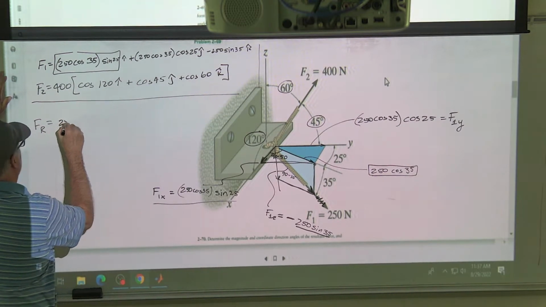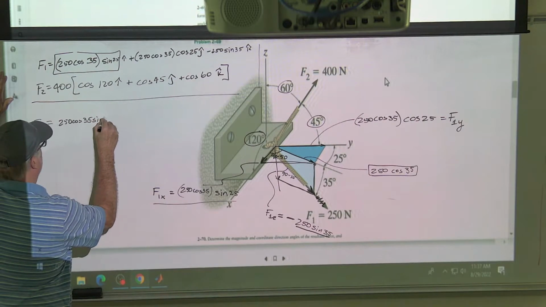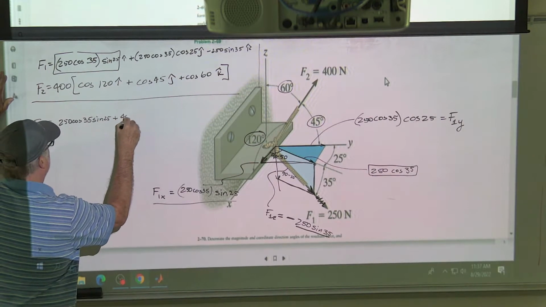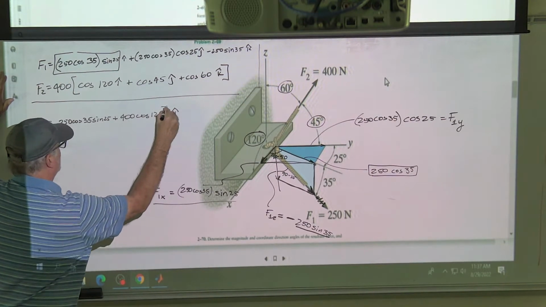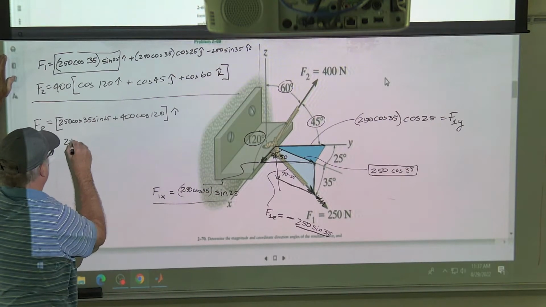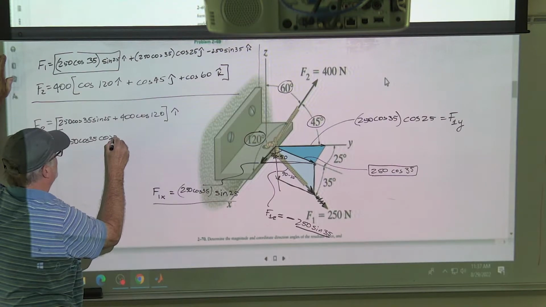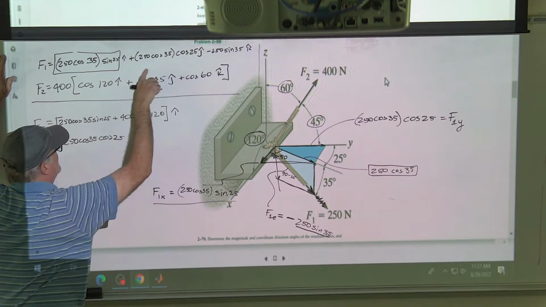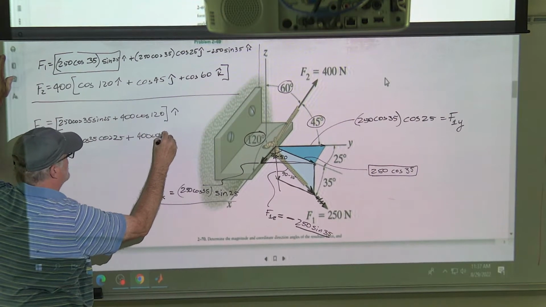So it'd be 250 cosine of 35 sine of 25 plus 400 cosine of 120 I. And then the second term is going to be this one, which is 250 cosine 35 cosine 25, which is that, plus 400 cosine 45.